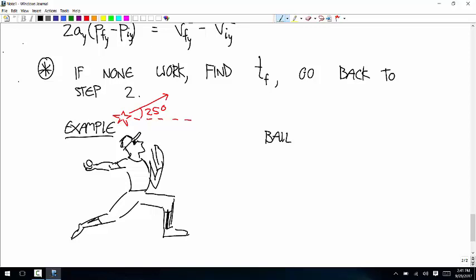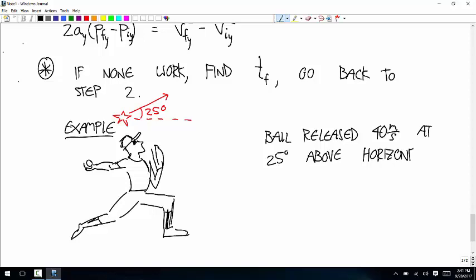So the ball is released at 40 meters per second at 25 degrees above the horizontal. How far will the ball travel horizontally before it hits the ground?